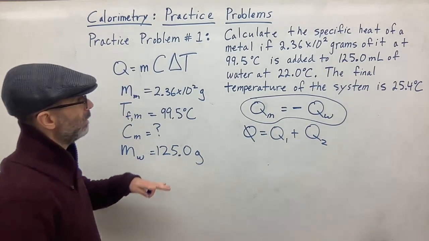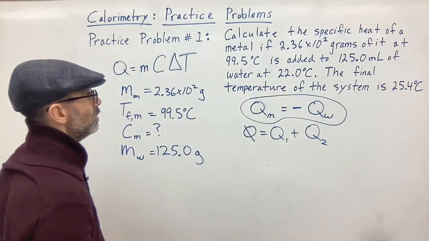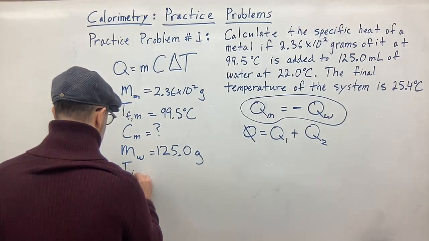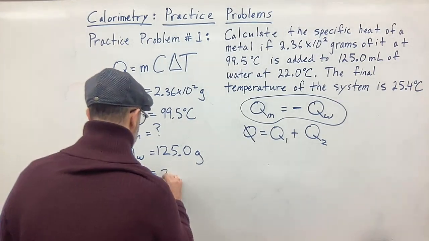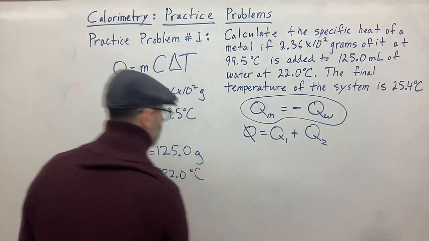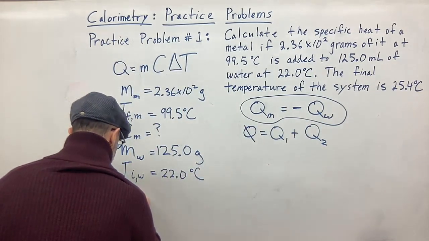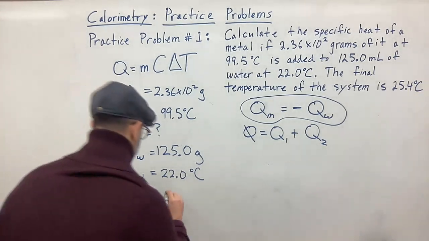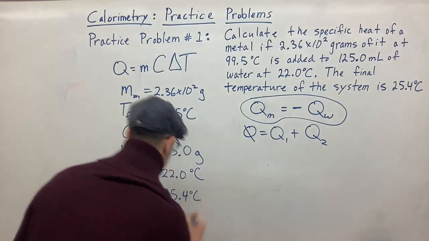Okay, and then we have the initial temperature of the water. So T initial of the water is going to be 22.0 degrees Celsius. And again, the final temperature of the water, T final of the water, is equal to 25.4 degrees Celsius.